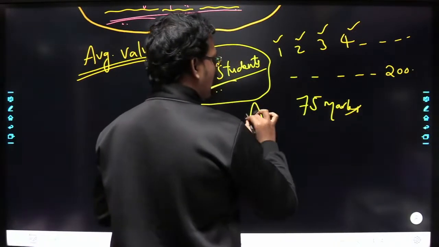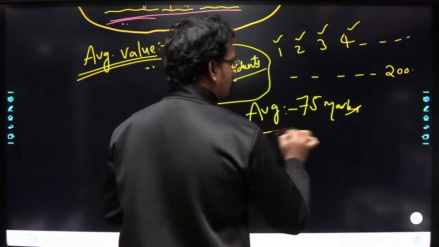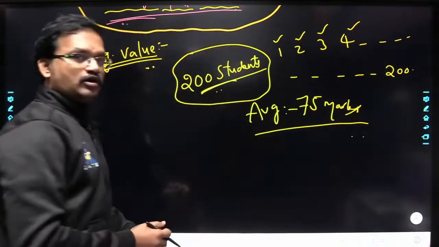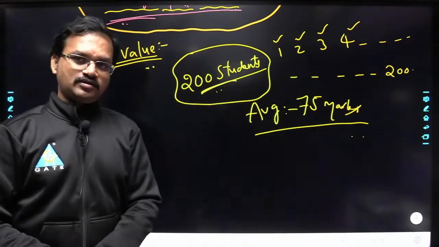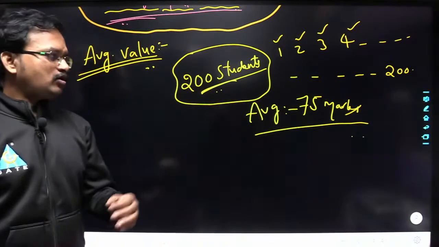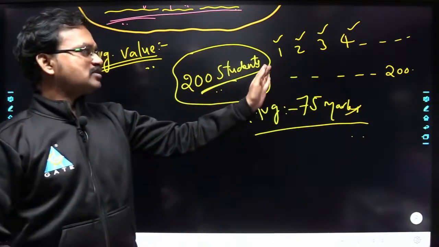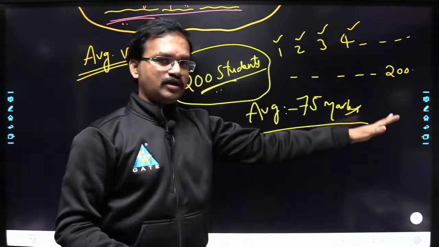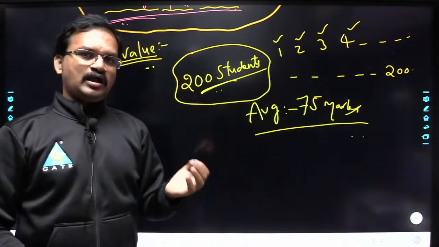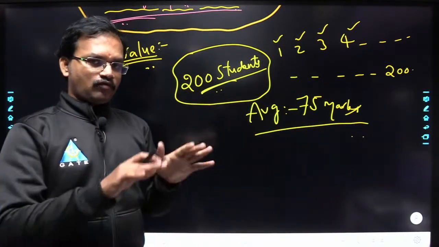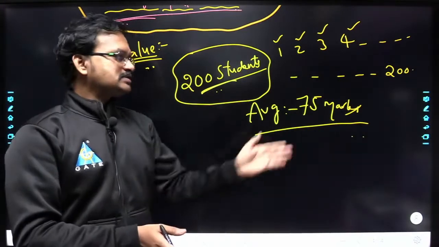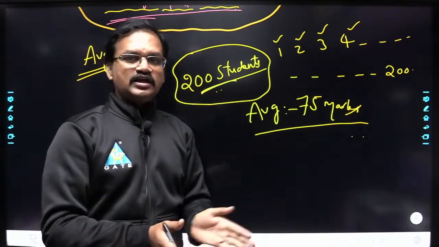So this is the average value of all the students in the physics exam out of 100. Instead of saying the marks of each and every student, you can simply say that on an average the overall class has got 75 marks in the physics exam.